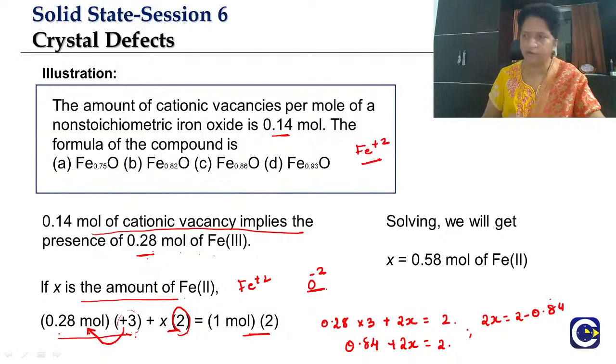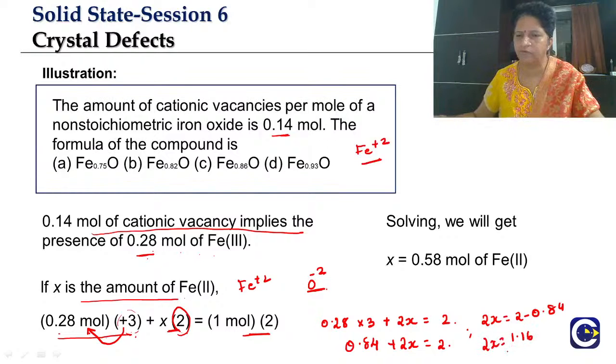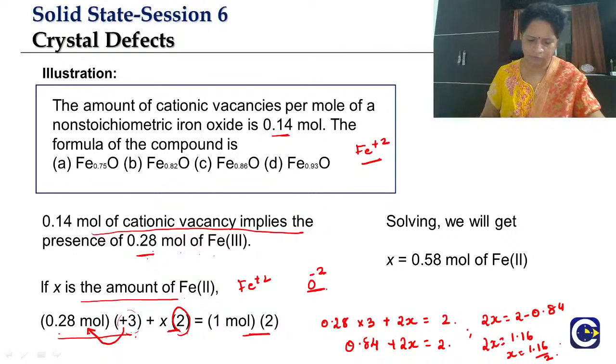What does 2 minus 0.84 come to? 1.16. 2x is equal to 1.16. X will be 1.16 by 2. What will be 1.16 by 2?